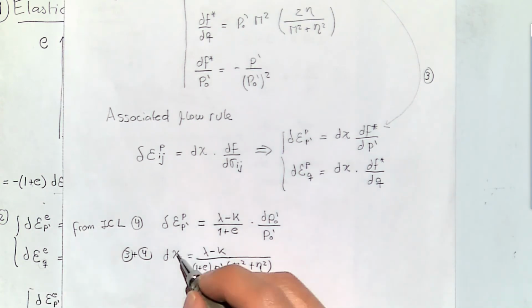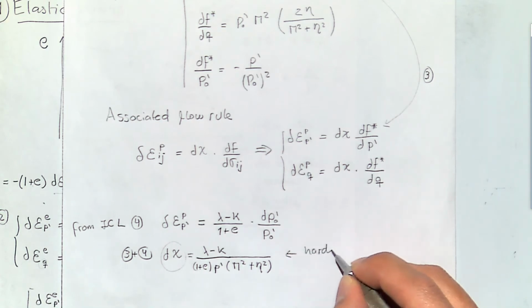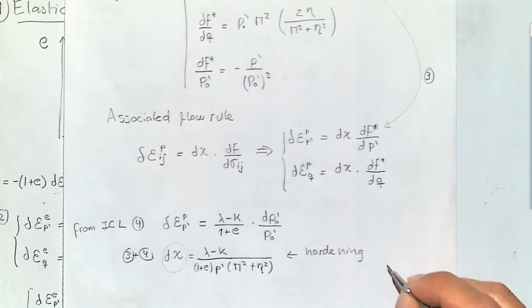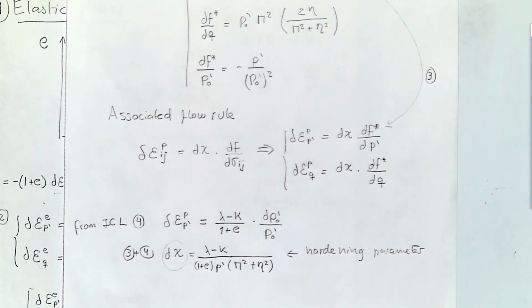And this was the link that we needed. This is what is called the hardening parameter, and will tell you how stronger the material gets when you have a volumetric plastic strain or a change of porosity.